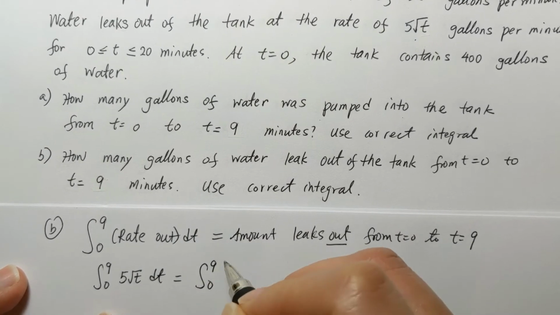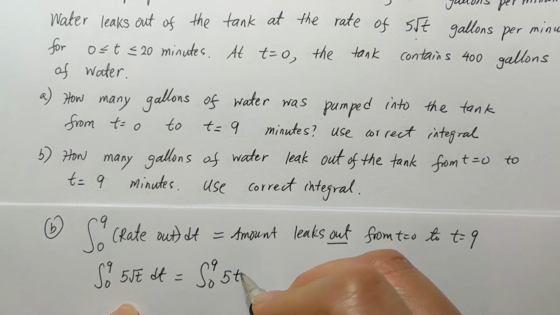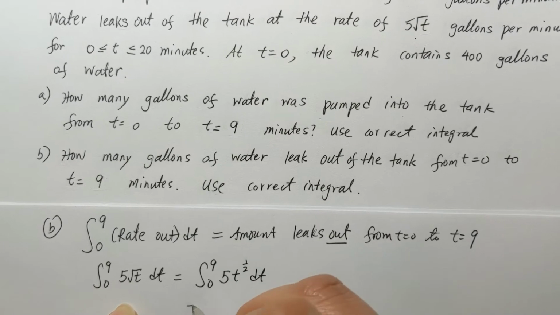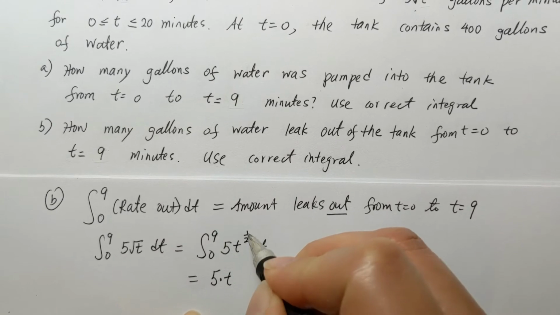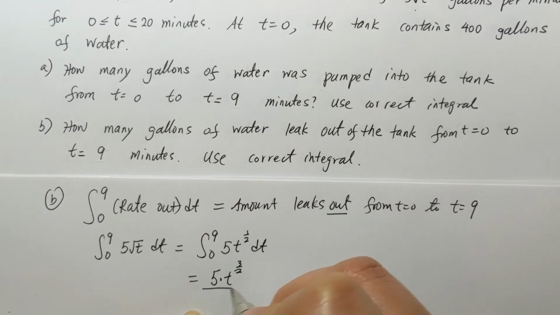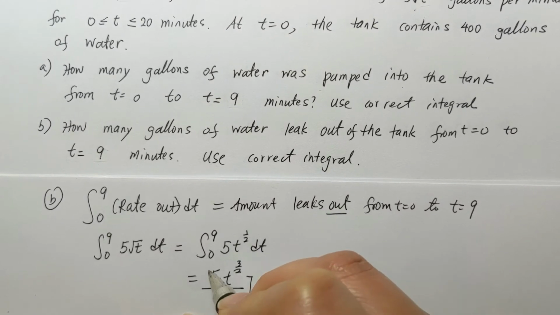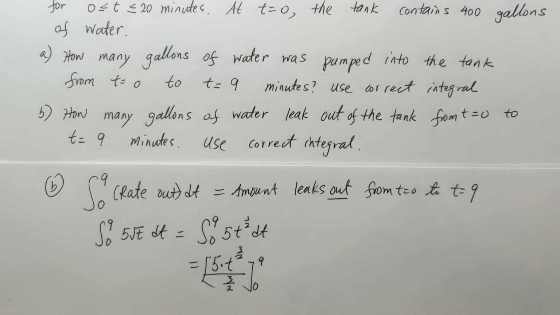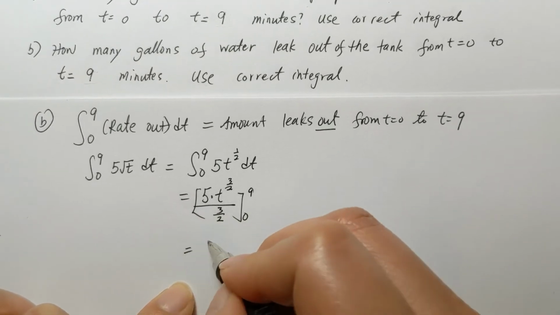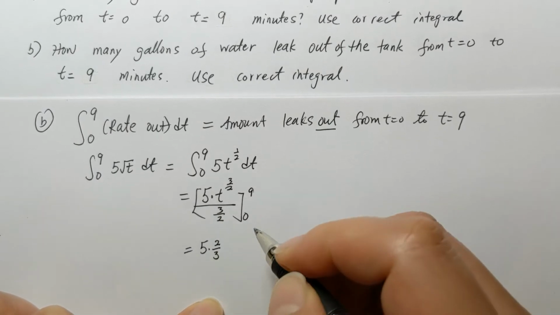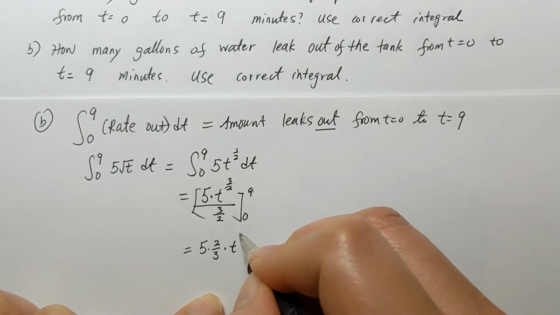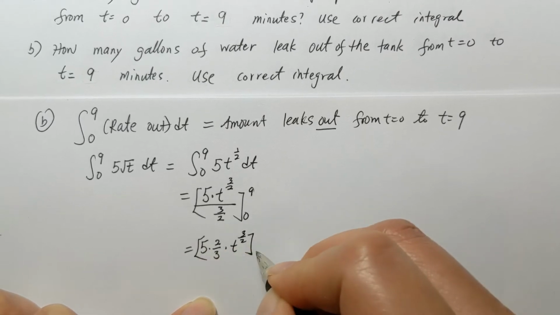Then we have 0 to 9, and we rewrite the square root as t to the half dt. We integrate: 5 times t to the power of half plus 1, which is 3 over 2, and then divide by 3 over 2, from 0 to 9. When you divide by a fraction, we flip it over and get 2 over 3 times t to the 3 over 2, from 0 to 9.